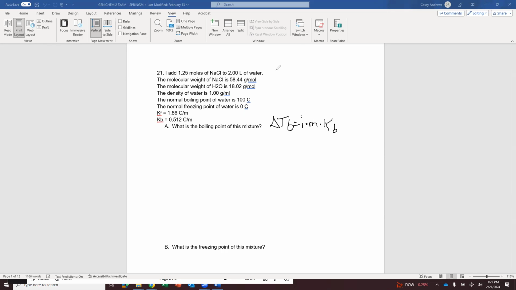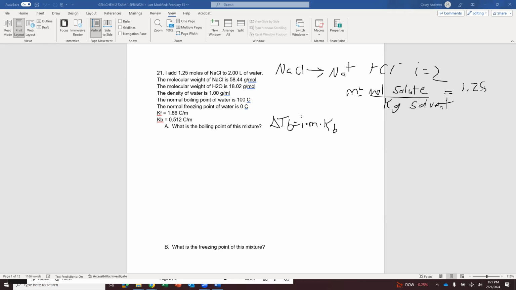So first off, the Van't Hoff factor. When you have NaCl, it breaks down to Na plus and Cl minus. i equals 2. Molality equals moles of solute divided by kilograms of solvent. So your moles of solute is 1.25.